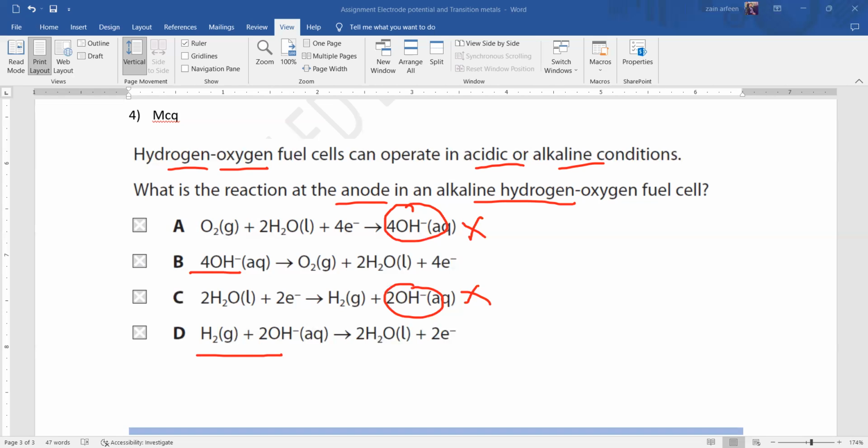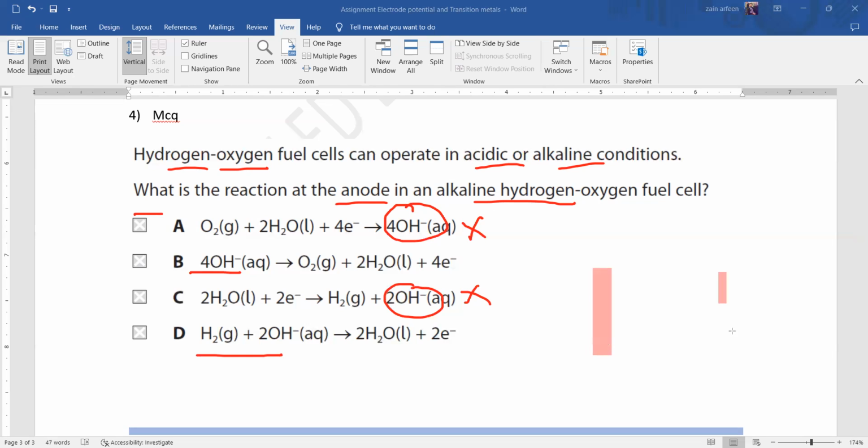So when we work out the reaction at the anode, what basically happens in a hydrogen fuel cell?